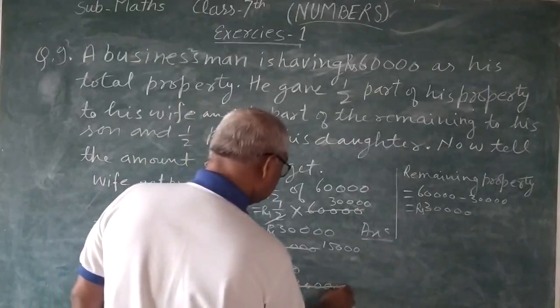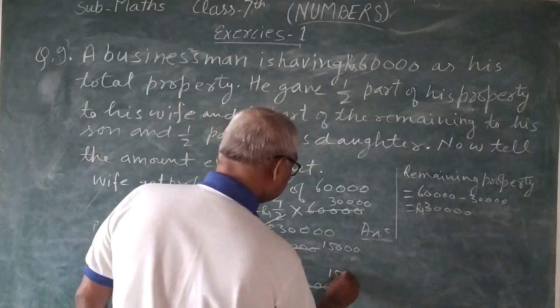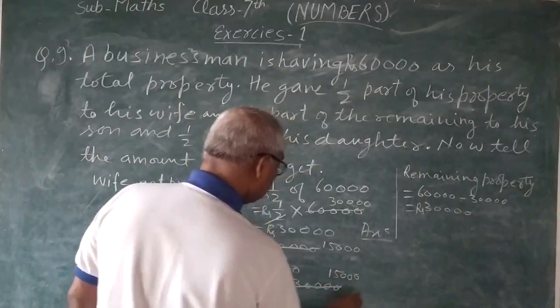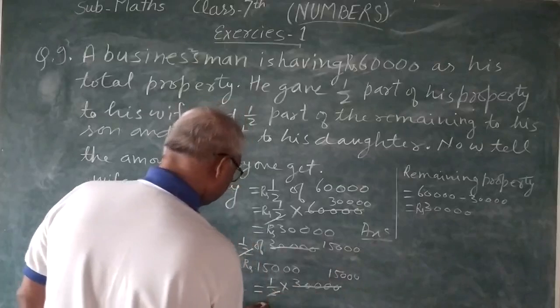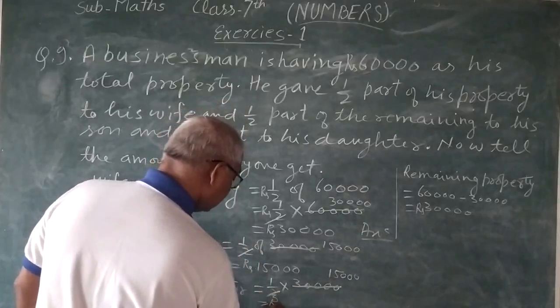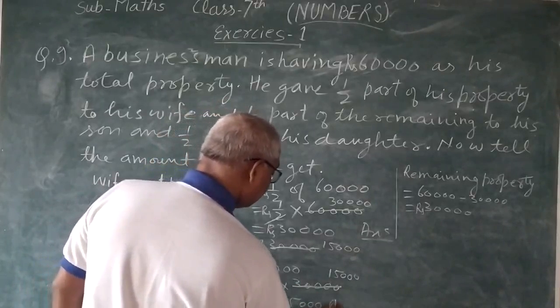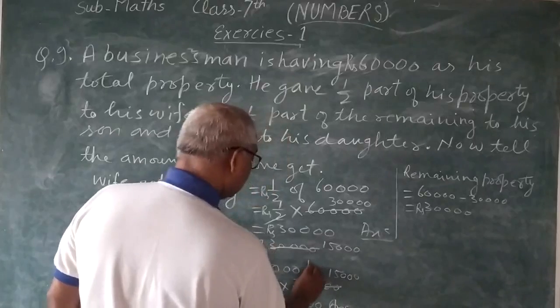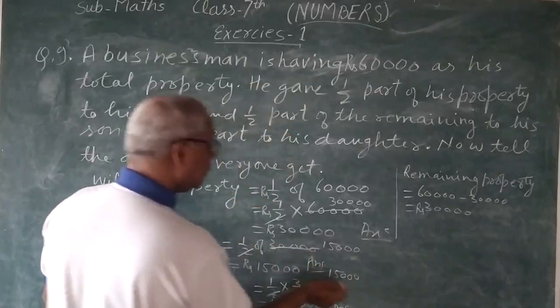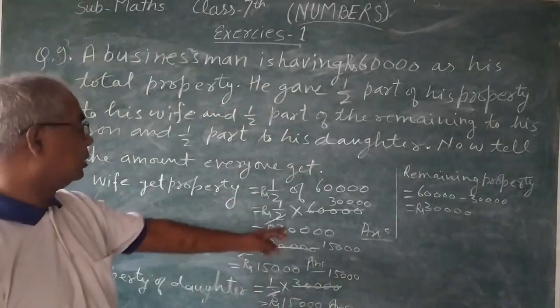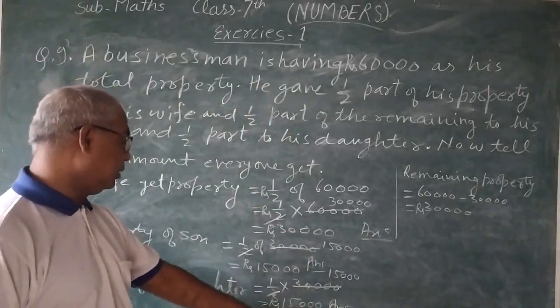So 30,000 once again cancels 2 with 2, so we get 15,000. So your answer is 30,000, 15,000 and 15,000.